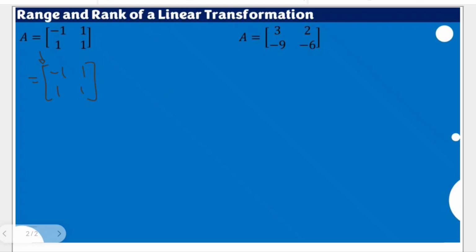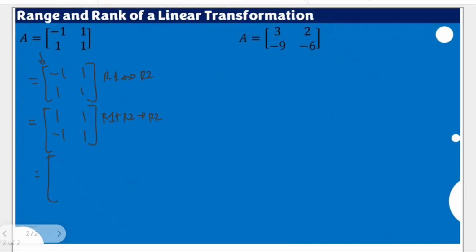Since we're going to come up with a leading 1 here, of course, you can always multiply -1 to the entire row 1, but I'm just going to interchange row 1 and row 2, so that I have here 1, 1, -1, and 1. I could just automatically add the two entries: column 1 plus row 2 for a new row 2.